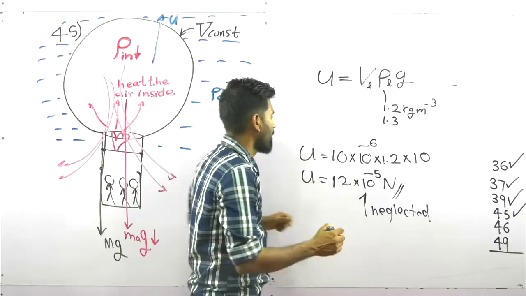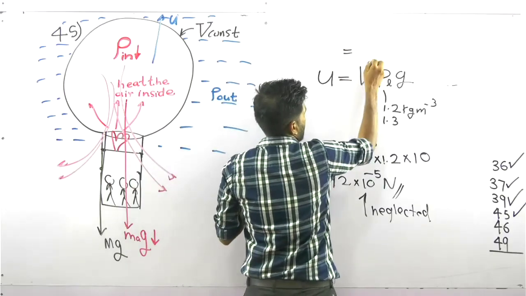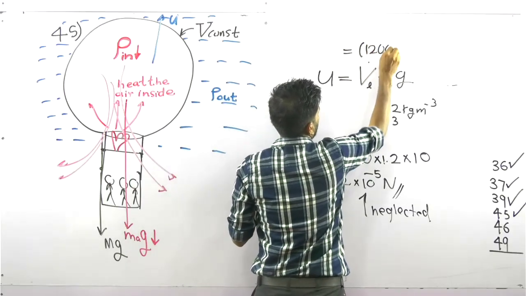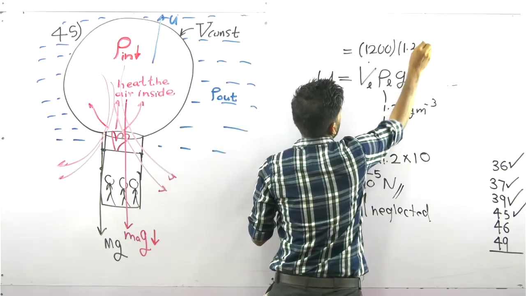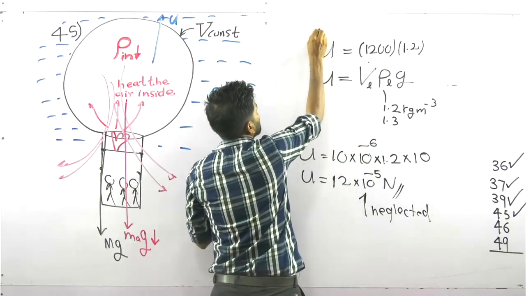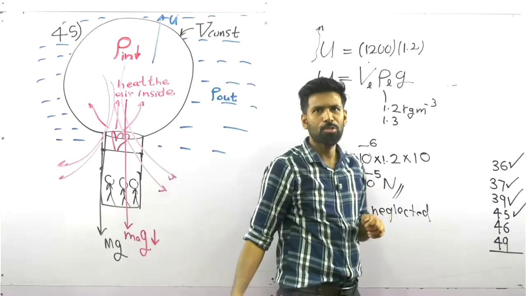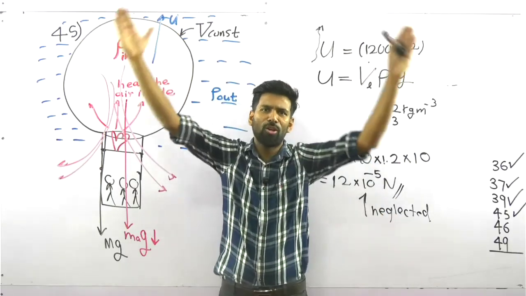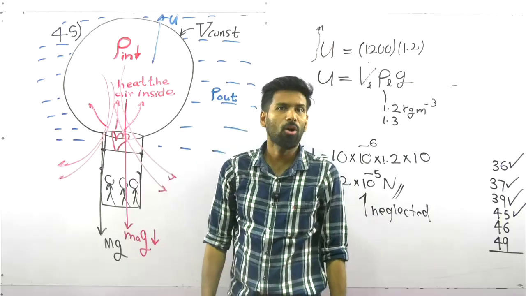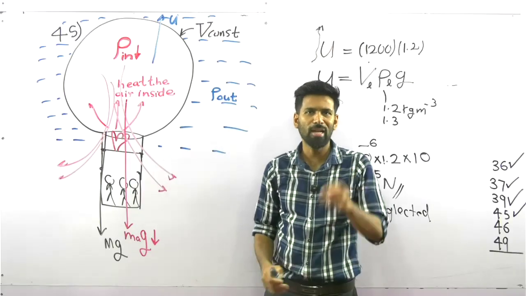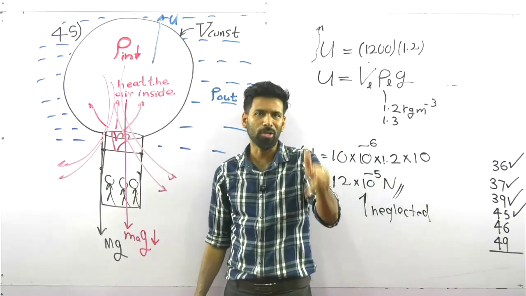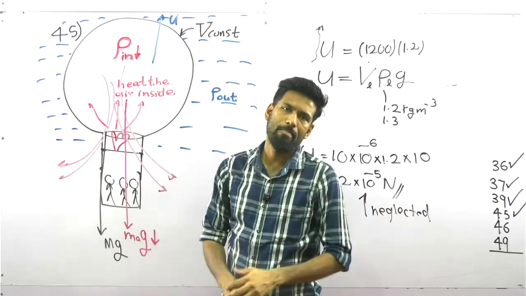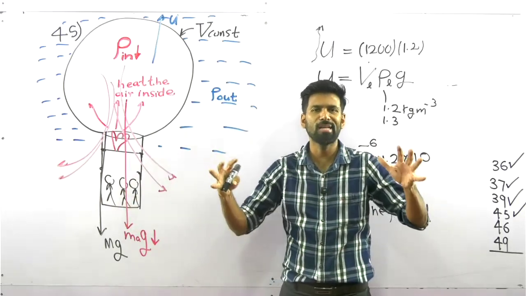So here the volume is very large. Even though the density is small, you still get a considerable value. When you come to a very large volume object like a hot air balloon, you can't neglect the upthrust acting on it by the outside air, considering outside air as a liquid.